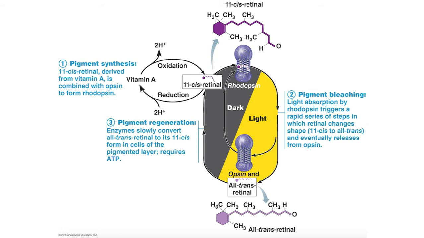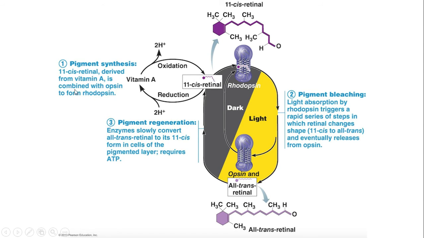First, we have to make the actual pigment itself. That's step 1, in the dark. Then when light is absorbed, we get a breakdown of the pigment. That's step 2. And lastly, we have to regenerate the pigment, to remake it, which is step 3.